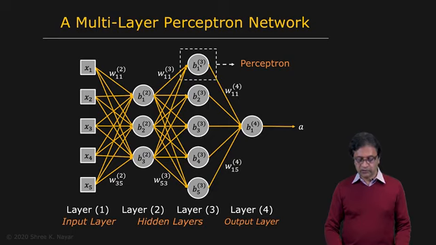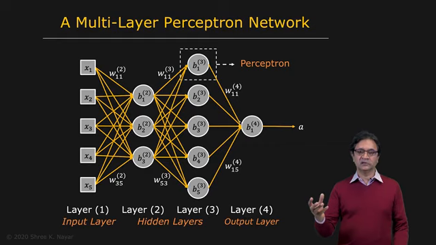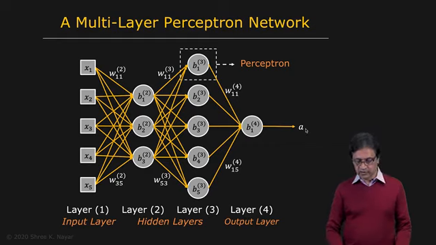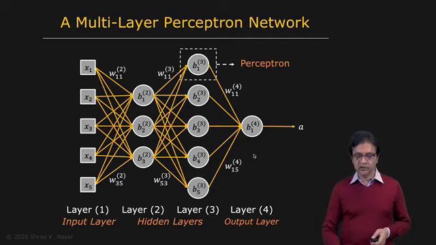And the outputs of those perceptrons, in this particular case, go into a single perceptron, and that produces a single output. That doesn't have to be the case. You can have multiple outputs right here, that is, multiple perceptrons providing multiple outputs. It all depends on the application at hand.